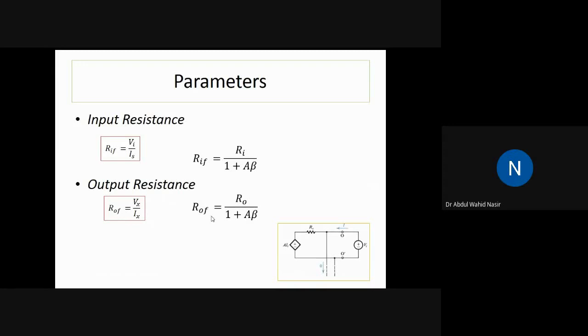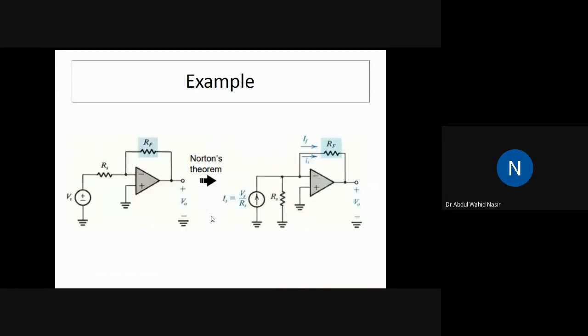Here are some examples of the shunt resistance amplifier. So here we have RF, RS, and VS. If you use Norton's theorem at the input side, we can represent this voltage source by a current source, and in parallel we should have a resistance RS.